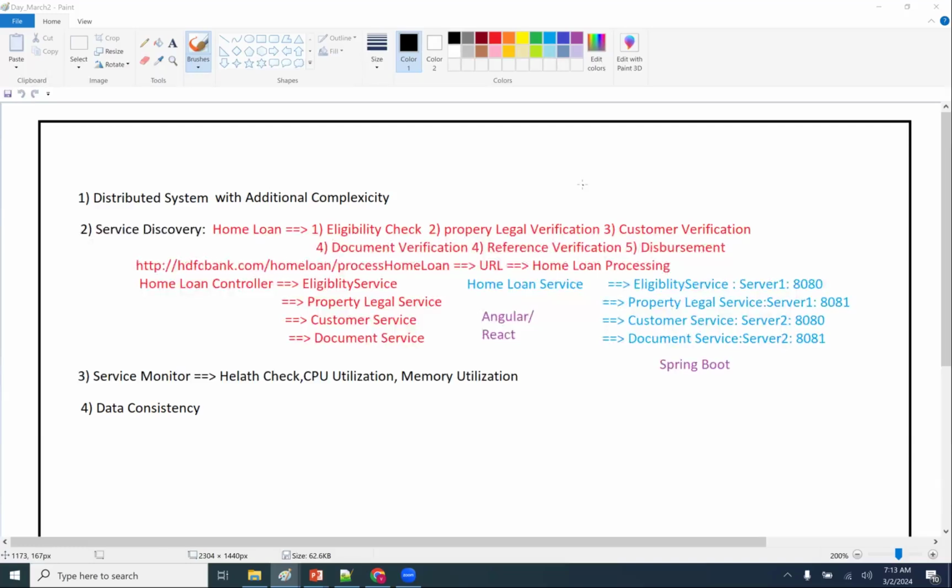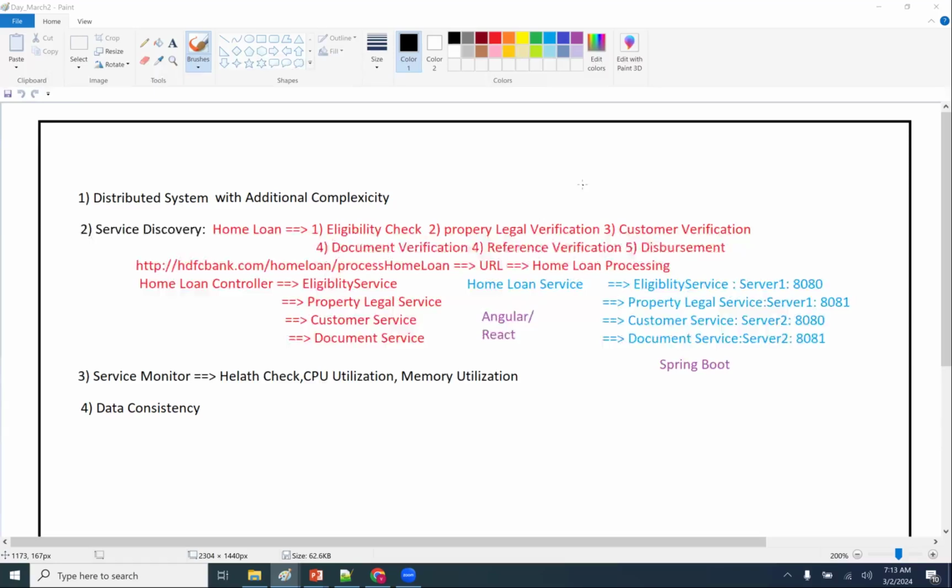What do we mean by service discovery? Every application has a number of different services. Previously, every service was accessible with a single entry point, something like hdfcbank.com home loan, process home loan.